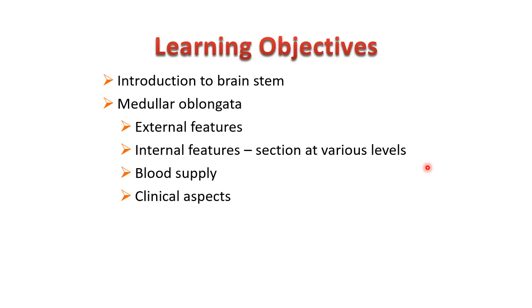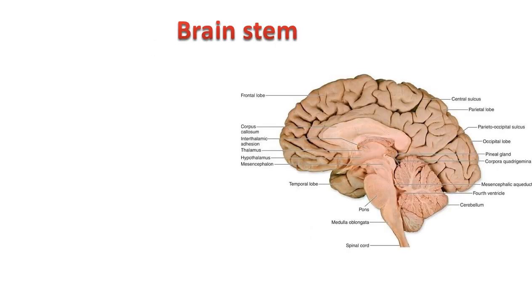Now first of all, the medulla oblongata is part of the brainstem. So here you are able to see a mid-sagittal section of the whole brain, which consists of the cerebrum. Okay, and here you are able to see a space which is covered by a septum, and deep to that is the lateral ventricle.